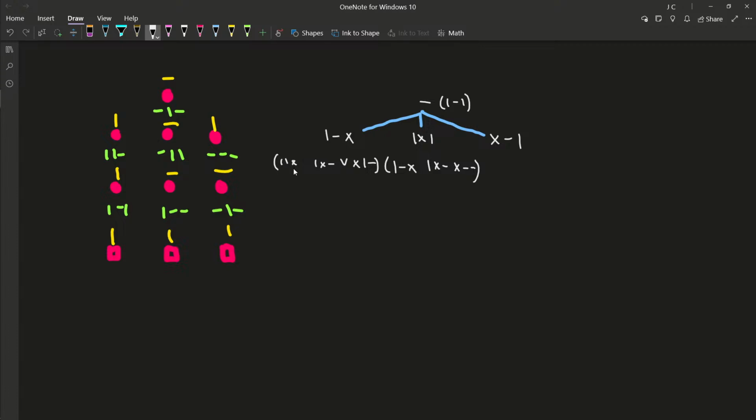So possibly the previous layer activation satisfies this and this, but that's not possible because the second index contradicts, right? It's two different states. So that pairing is not possible. So we go here, so we have 1x versus 1x dash, which is possible.